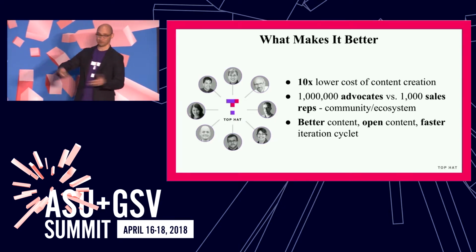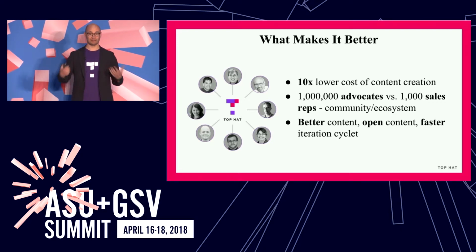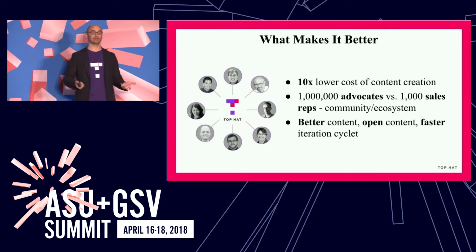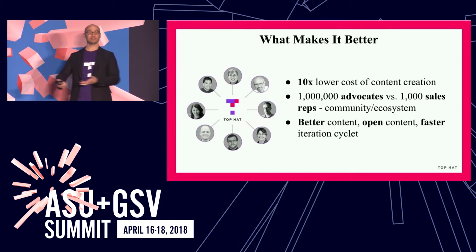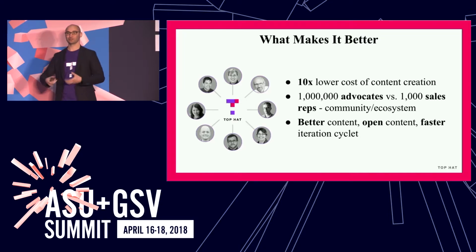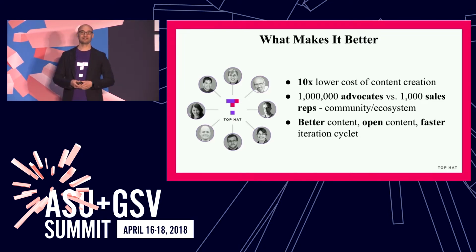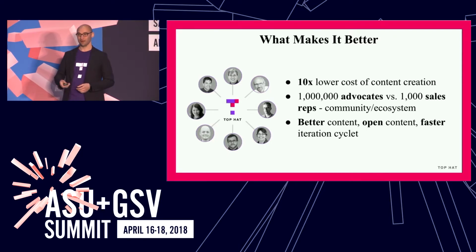We have now thousands of professors that are advocating, millions of students that are having a great experience and advocating on our behalf, which allows us to scale and grow much more quickly and efficiently, and ultimately the content is a lot better. If you look at the content in the Top Hat marketplace, it blows your mind. It's so much better, richer, and more sophisticated than anything you could find anywhere else. That ultimately is the thing that drives a lot of outcomes.